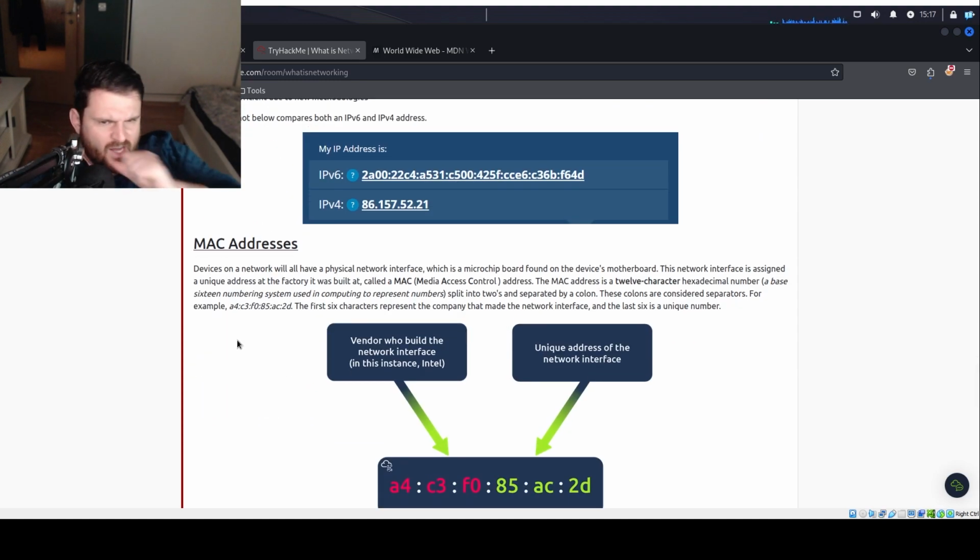And then MAC addresses. Devices on a network will all have a physical network interface, which is a microchip board found on the device's motherboard. This network interface is assigned a unique address at the factory it was built at, called the MAC, Media Access Control Address. The MAC address is a 12-character hexadecimal number, a base 16 number system used in computing to represent numbers, split into twos and separated by a colon.